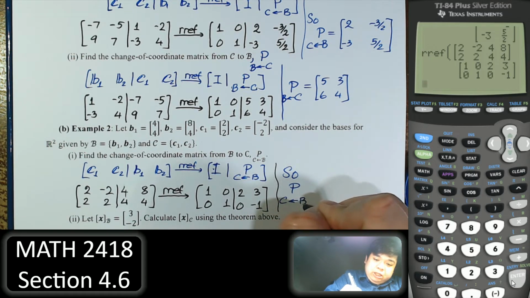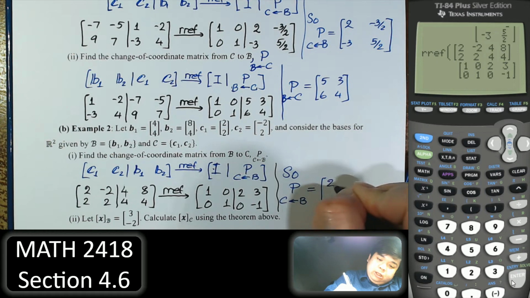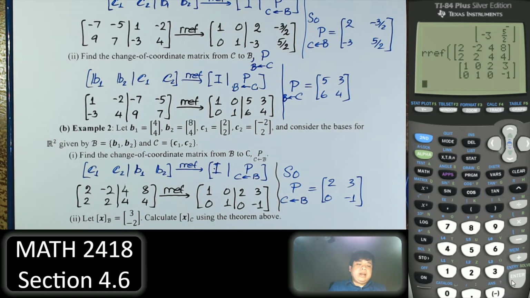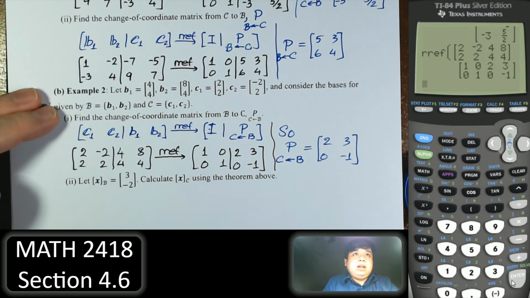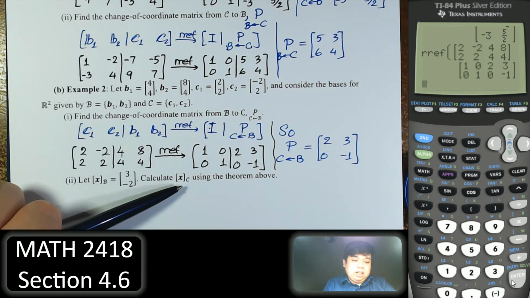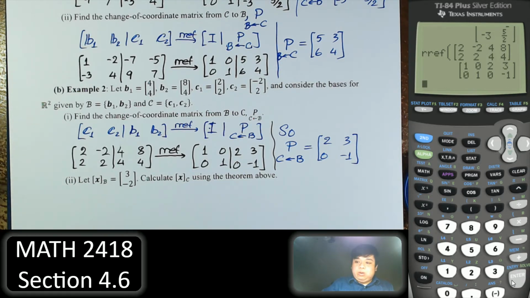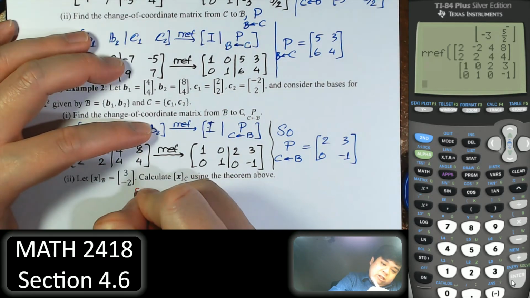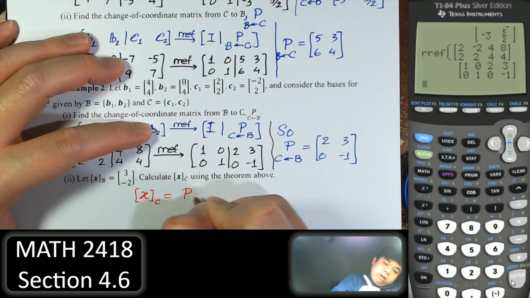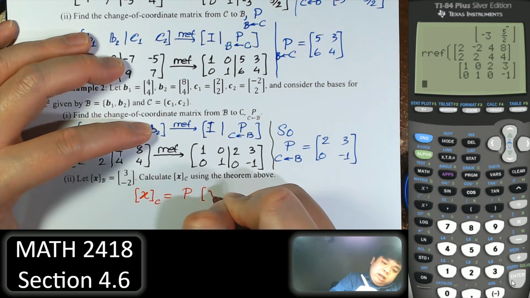So we match those two together, so we say P from B to C is equal to 2 3 0 negative 1. Next, if x is in B coordinates 3 negative 2, what is x in C coordinates? So now we write x in C coordinates equal to the matrix times x in B coordinates.